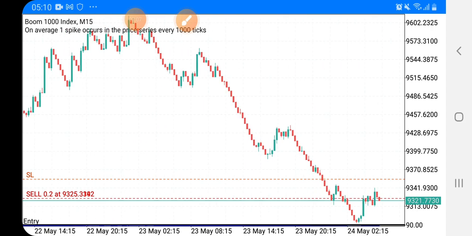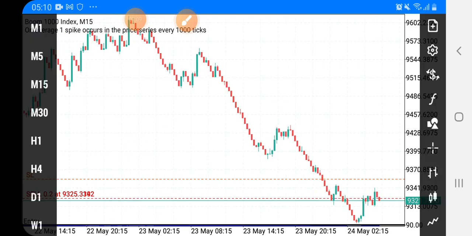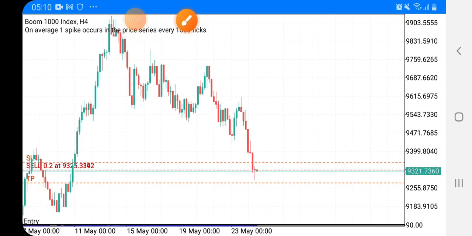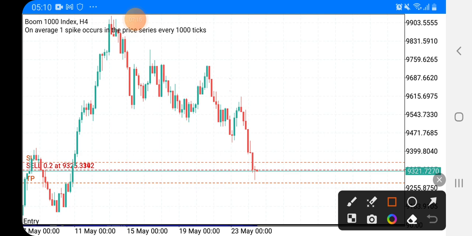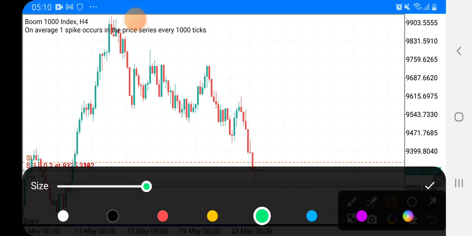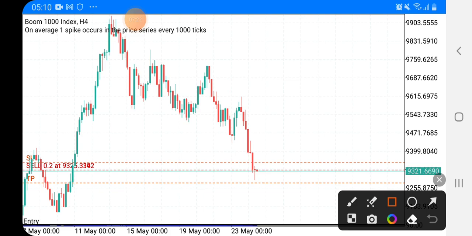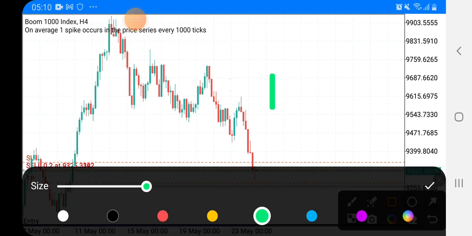So for me, the best candlestick pattern to use on boom and crash, the first one, is the bullish and bearish engulfing candlestick pattern, guys. For me that's the best. Let's say the price is pushing up, after which the price will be engulfed with a bearish candle.